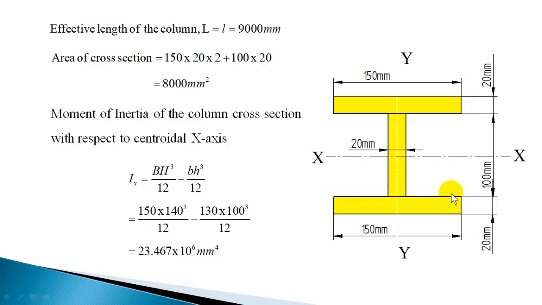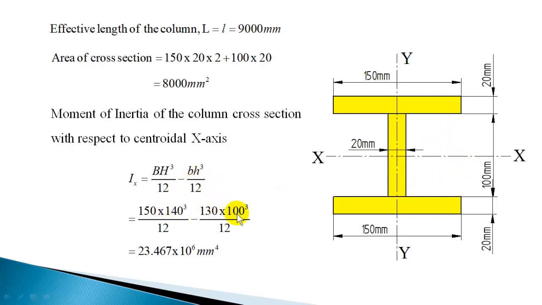So if you combine this empty region, that will give small b. Or if you take the total length and subtract the web thickness, that will give small b. Or 150 minus 20, that is 130. So small b is 130. And small h is the distance between the flanges.